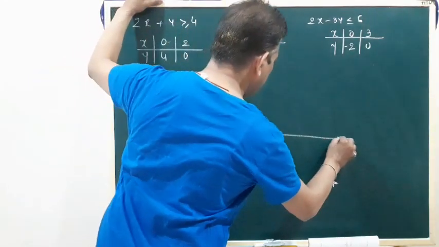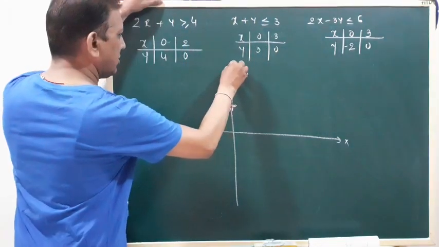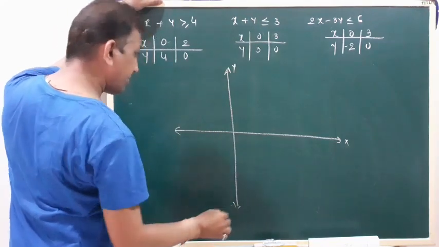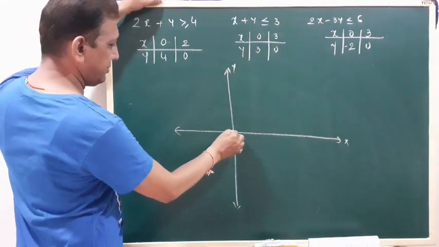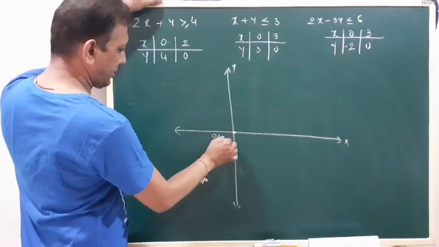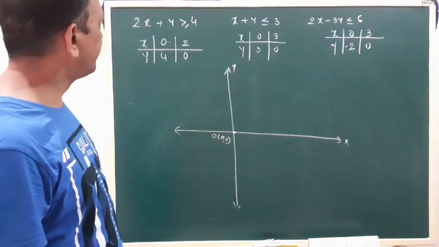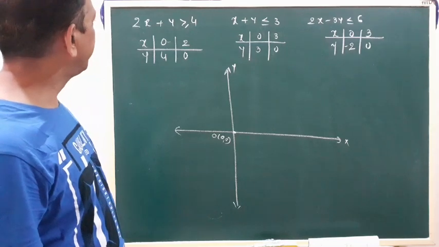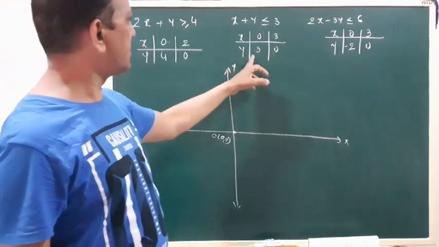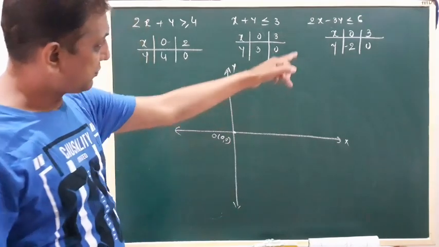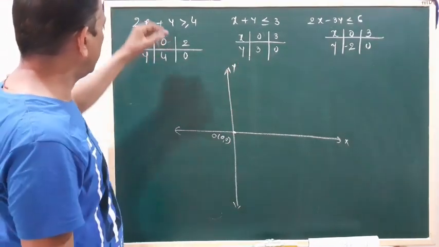When the equations are needed, we solve them, then draw the graph, then we decide. Origin (0, 0). Now the first 2 equations are in the first quadrant, and this one is in the first and fourth quadrants.